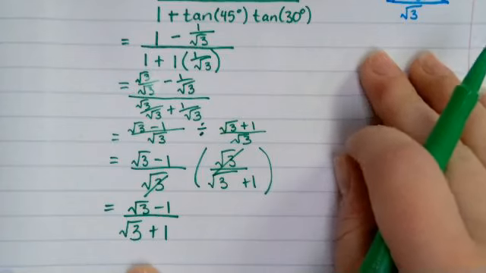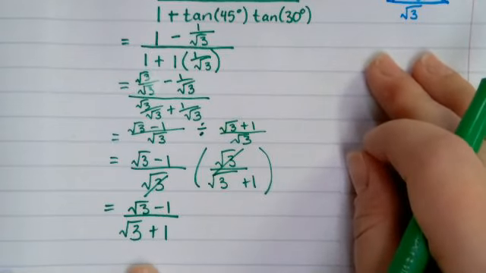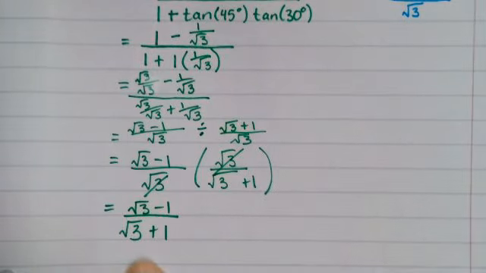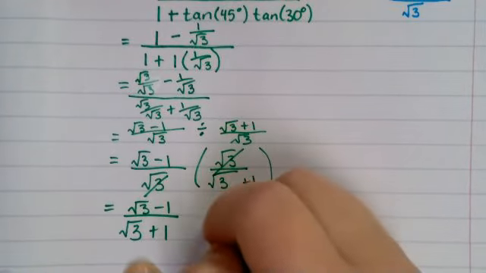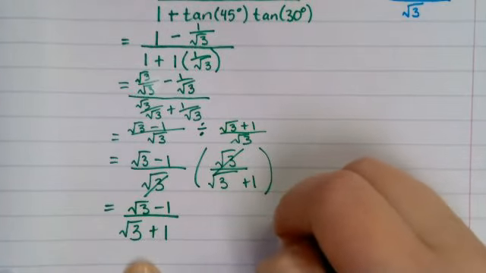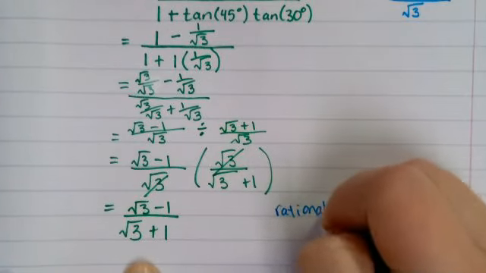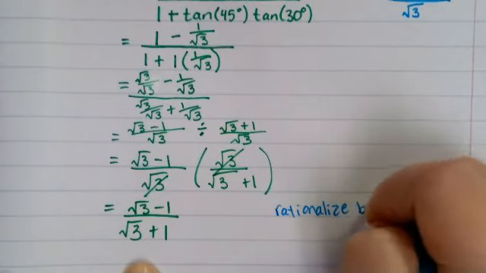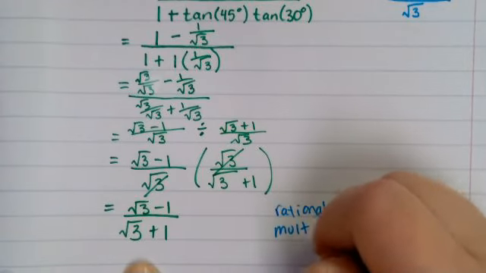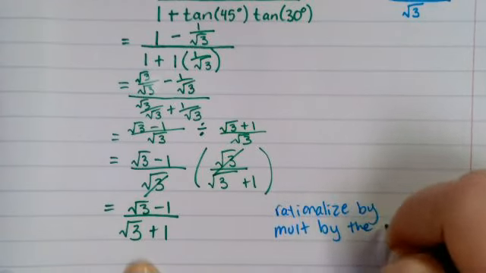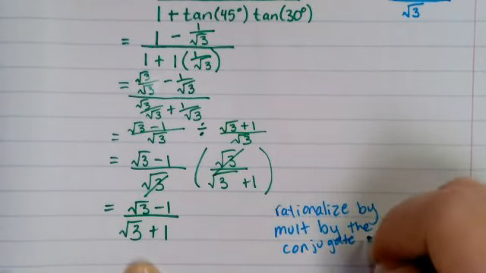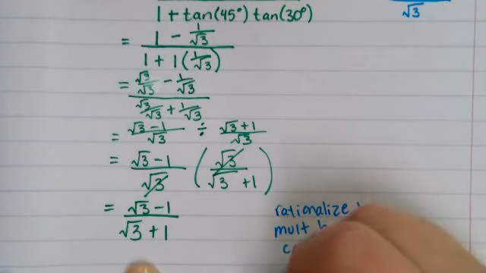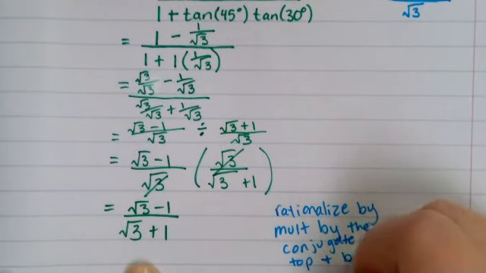Okay, so technically this is an answer, but it's not rationalized. So we do rationalize by multiplying by our conjugate. Okay, so I'm going to say right here, just as a little side note, rationalize by multiplying by the conjugate, on top and bottom.